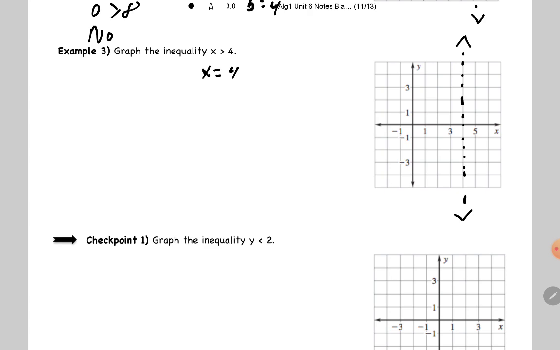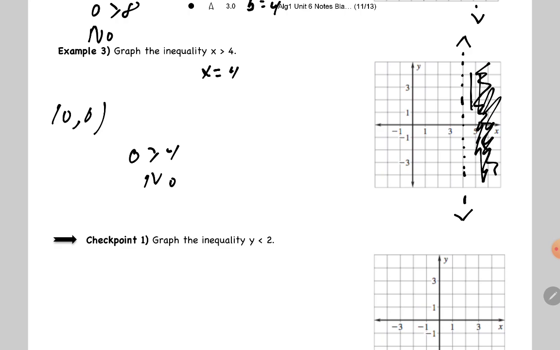And if we want everything bigger than 4, we're going to shade to the right. But you could always test a point. If I test 0, 0 again, I plug in x for 0, and since there's no y, I don't have to worry about it. Is 0 bigger than 4? No, so we don't shade on the left, we shade on the right.